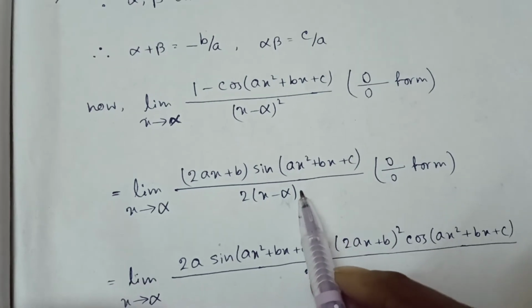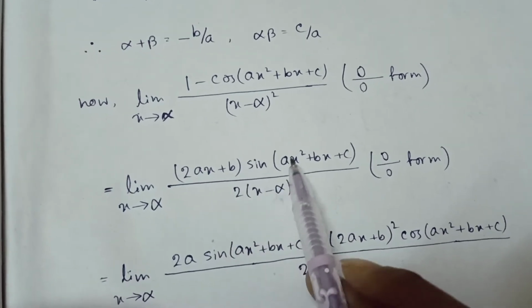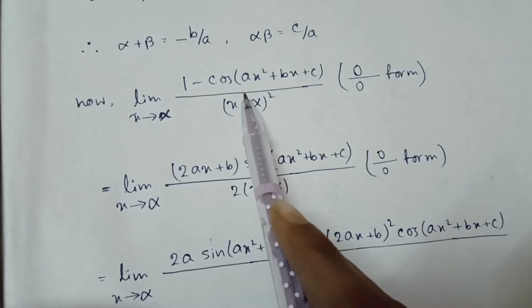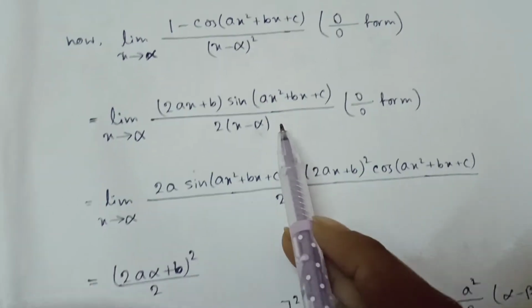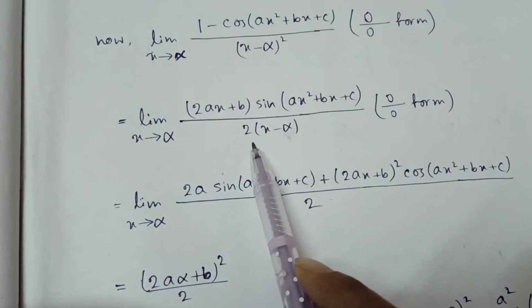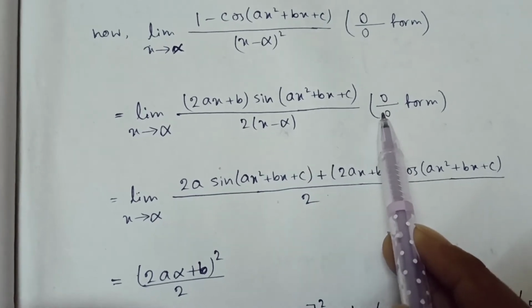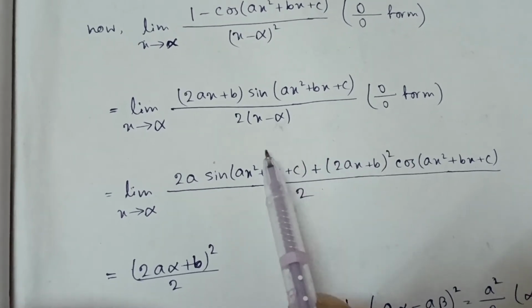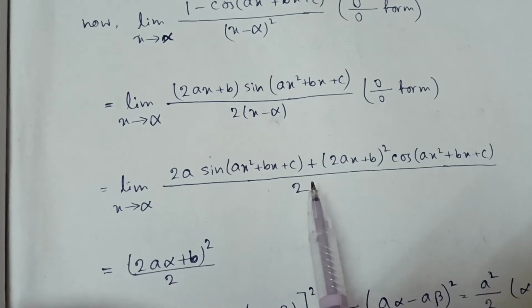So apply L'Hospital rule, and it will become 2ax plus b into sine of this whole thing, and the denominator becomes 2 into x minus alpha, and this is again 0 by 0 form.